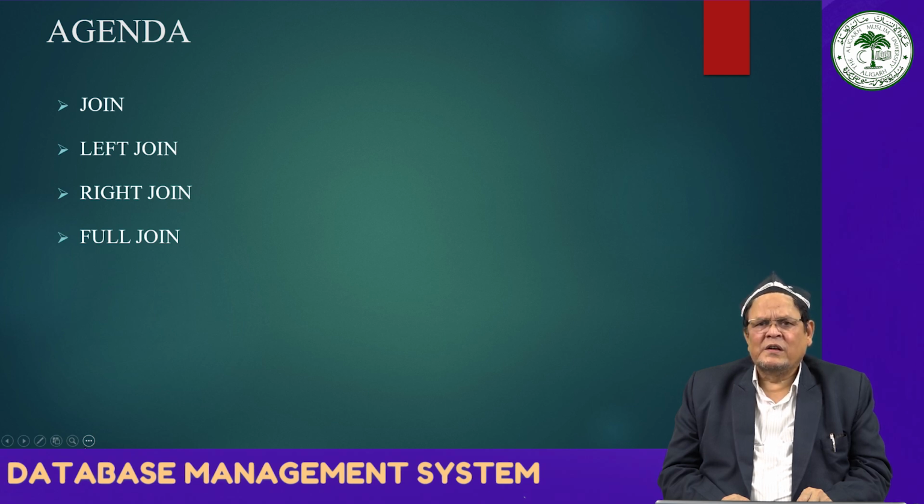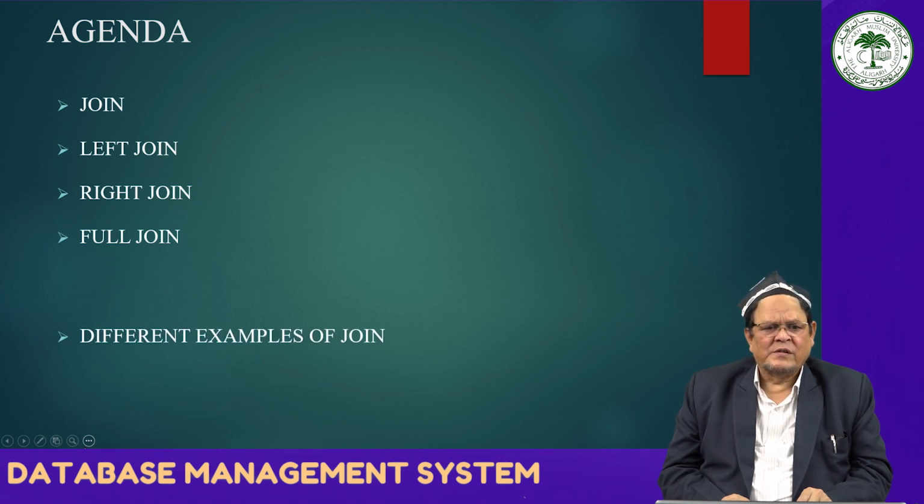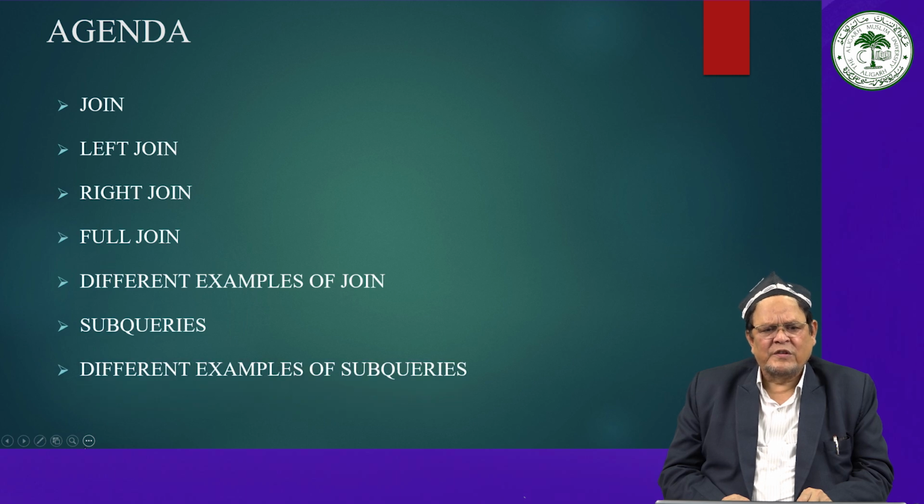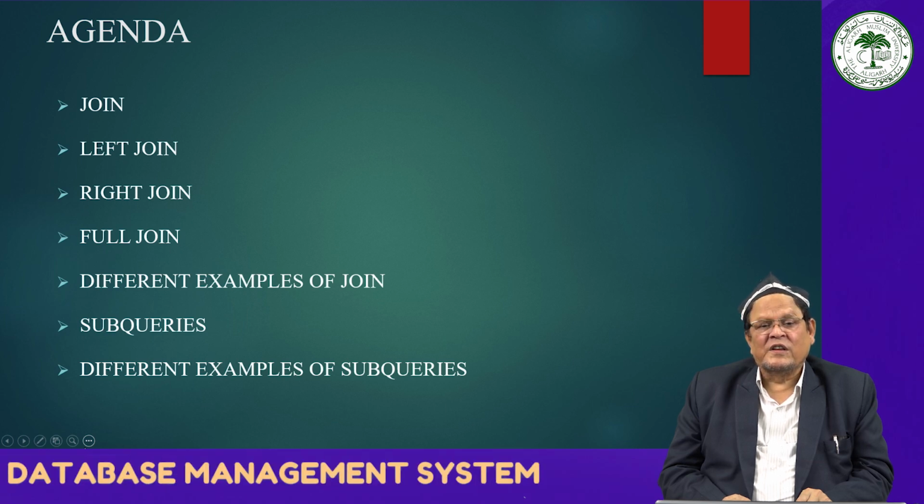By that union, we are able to do a full join in SQL. Then different examples on the join. And in the last, we discussed subqueries, with different examples so that you understand subqueries very well. In other words, you can say nested queries.